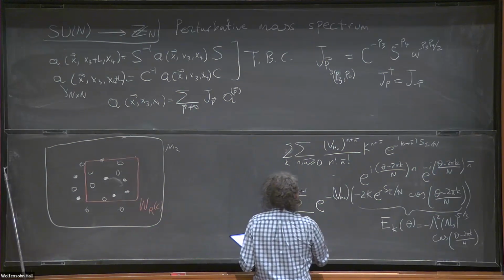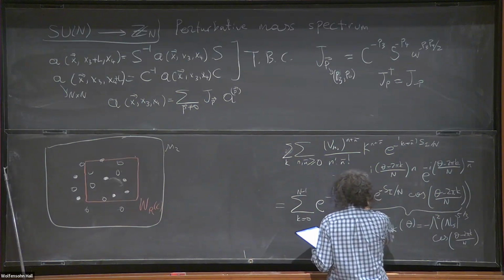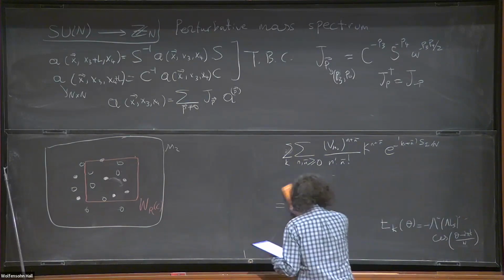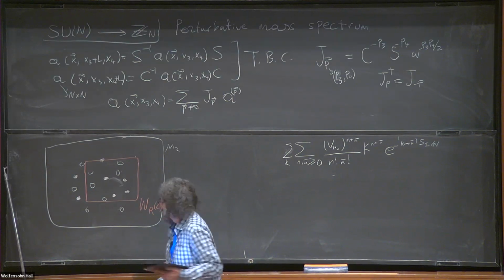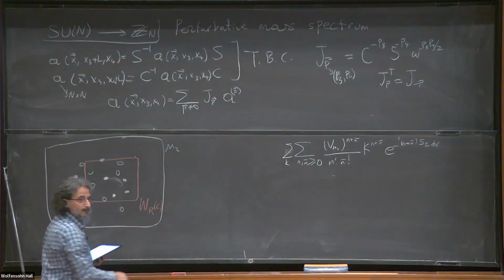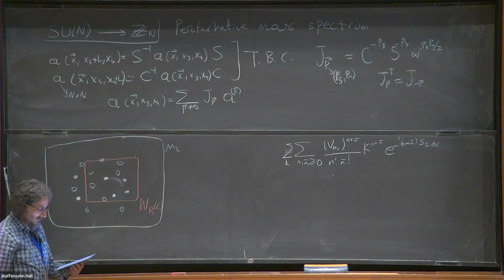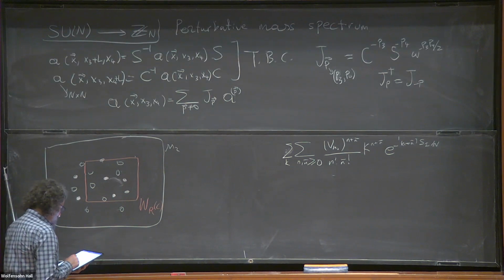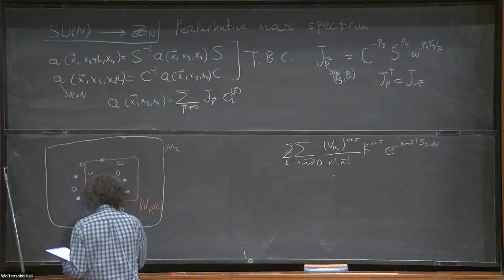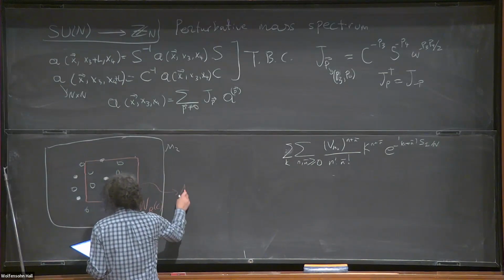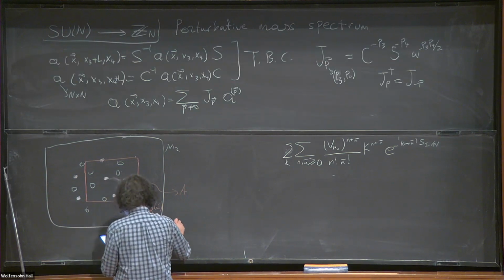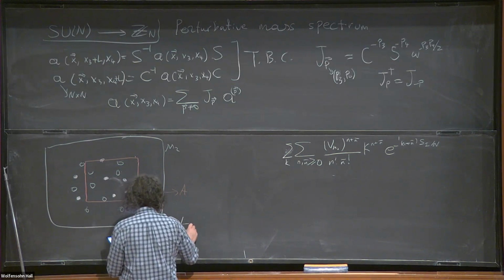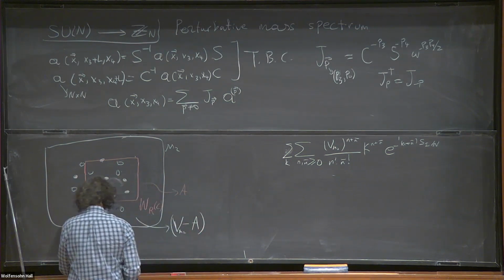Let me take advantage of some things. Okay, let me tell you first what I want to tell you. Here is the thing. We will do the same sum again, okay? But I have to distinguish. Let me call this area A, and let me call the complement, this part, V of M2 minus A. This is the complement.